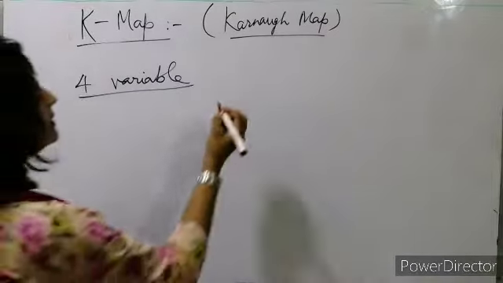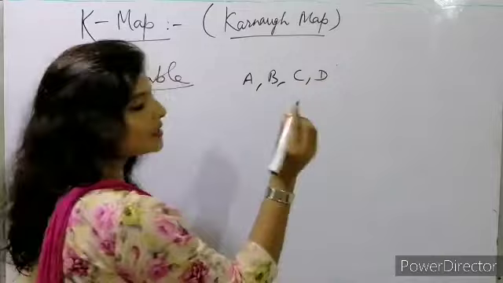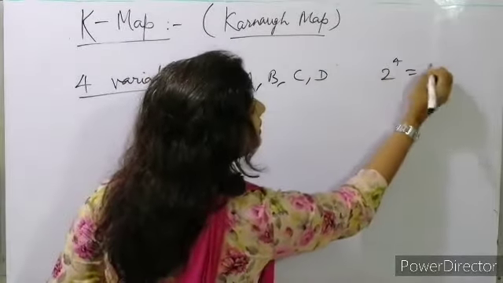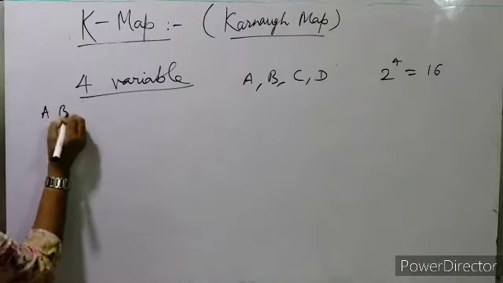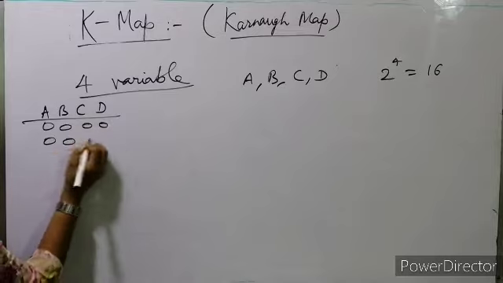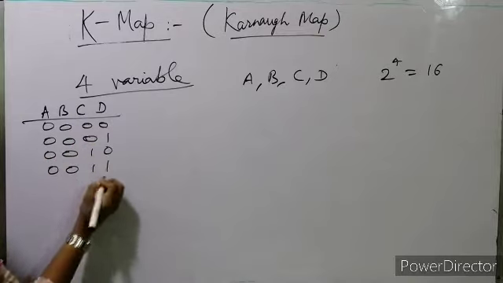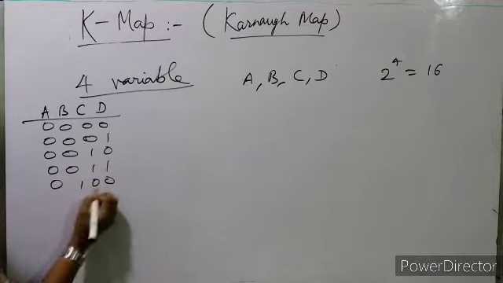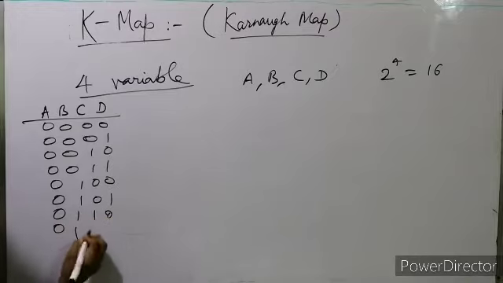2 to the power 4 is 16. So A, B, C and D, 4 variables. So 2 to the power 4 is 16, so 16 terms will be there. A, B, C, D: 0 0 0 0, 0 0 0 1, 0 0 1 0, 0 0 1 1, 0 1 0 0, 0 1 0 1, 0 1 1 0, 0 1 1 1.